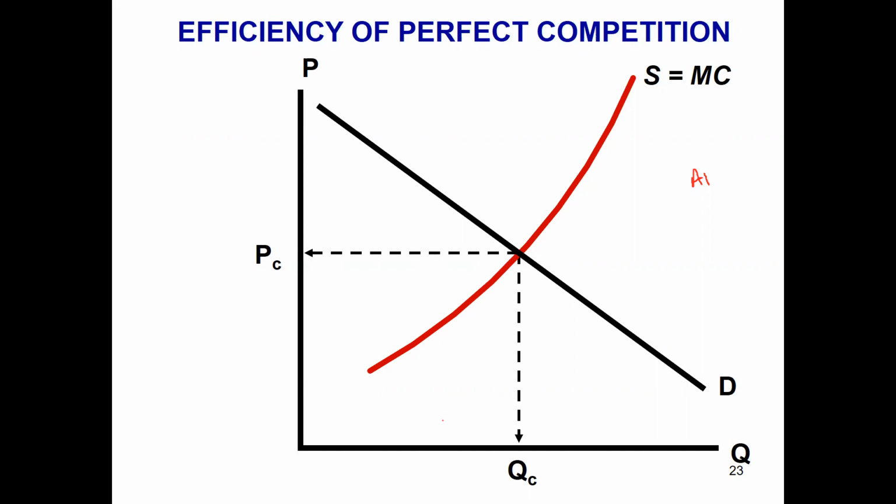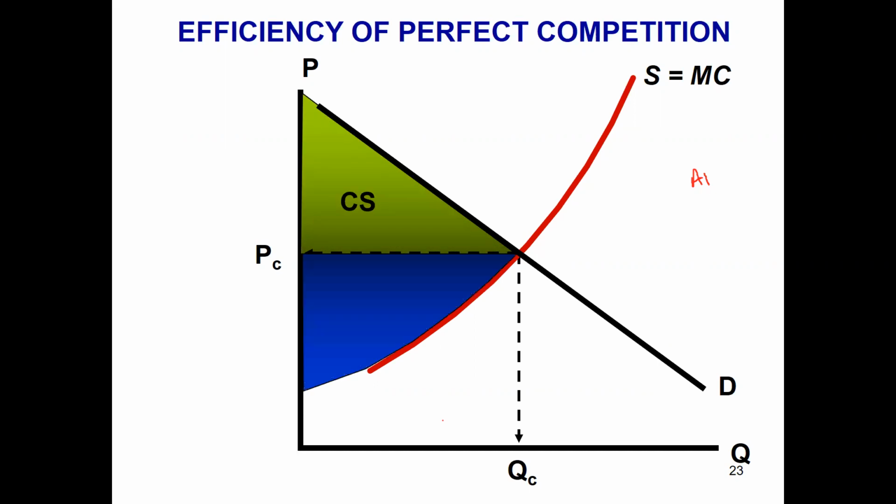You're going to have consumer surplus above the price and below demand, and producer surplus below the price and above supply. I think that kind of covers the perfect competition part.